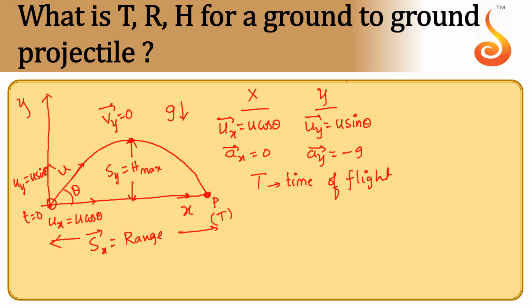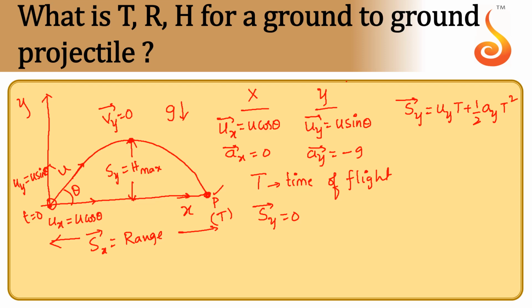During this motion, when the projectile reaches point P, the net vertical displacement becomes 0 because it reaches the same point on the same line, correct? So therefore, displacement along y direction is equal to initial velocity along y direction times t plus half acceleration along y direction times t square.